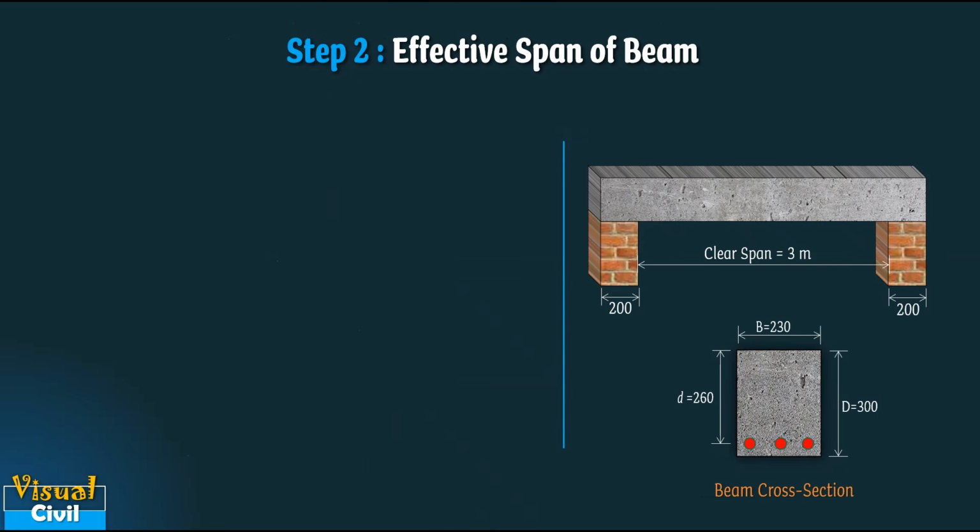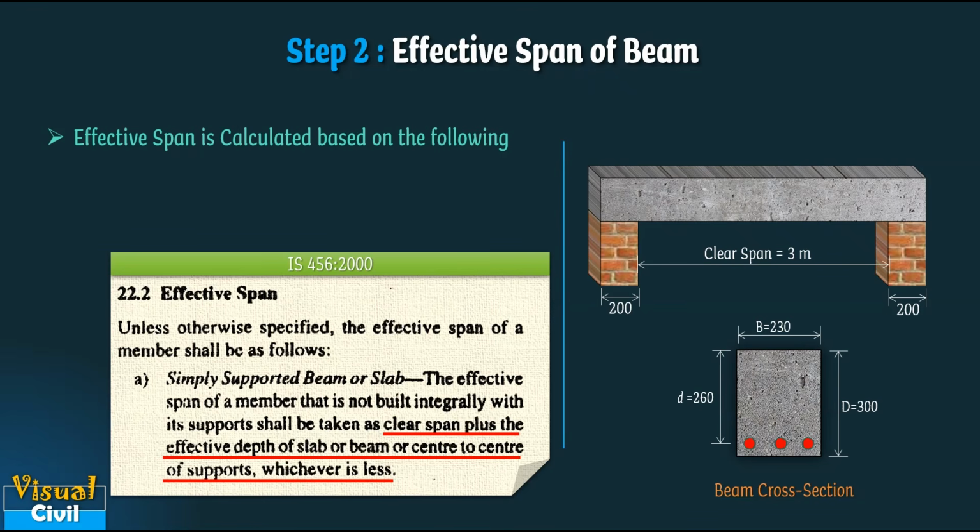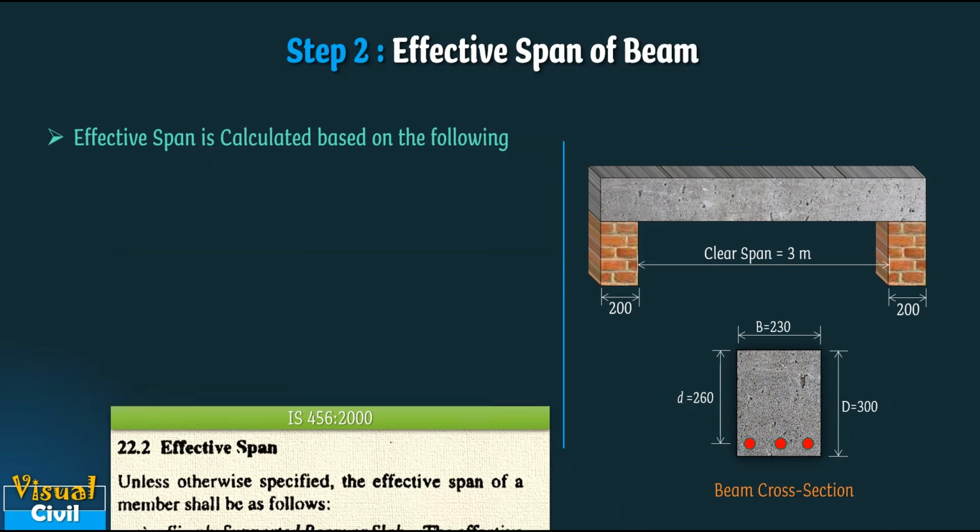In step 2, let us calculate the effective span of the beam referring to clause 22.2 of IS 456 as clear span plus the effective depth of the beam or center to center of support, whichever is less.